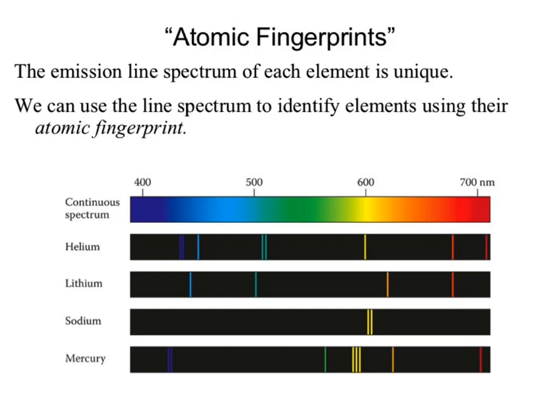Same thing with our atomic line spectrum. We can use the atomic line spectrum to identify our elements. We use this in astronomy because we can aim a telescope out there and look at the atomic line spectrum of the light coming back at us to tell us that this element is in that star. This star has more of that element because we can decompose the light that comes back into the atomic line spectra.